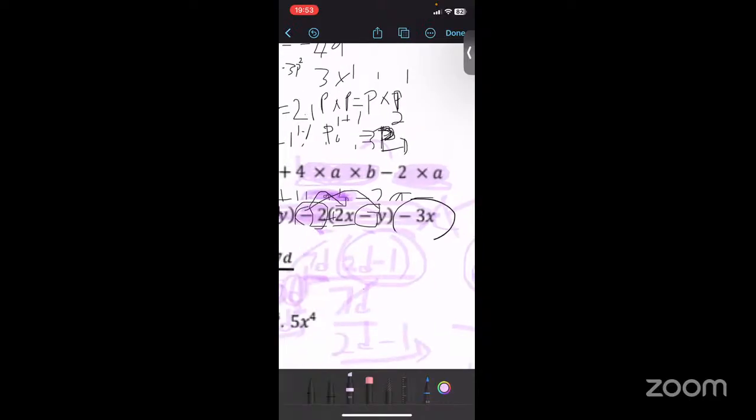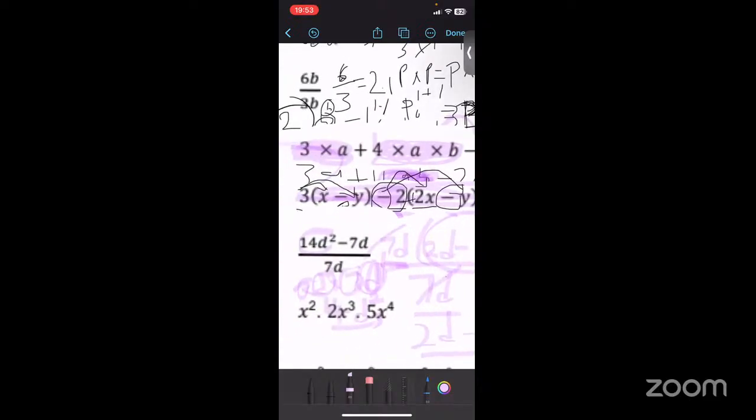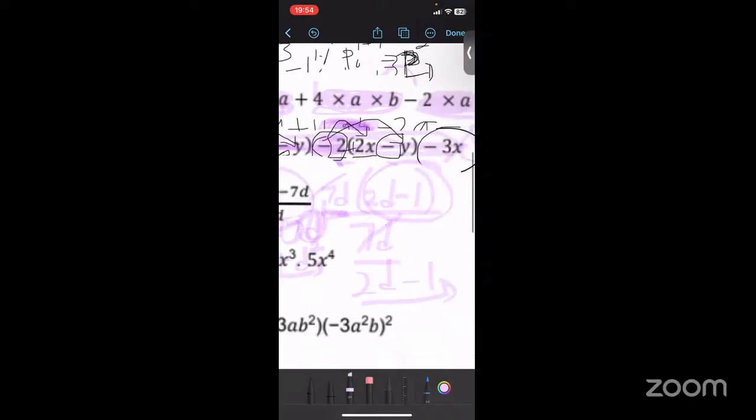And remember guys, I told you if you want to prove your answer is correct, you can always pick any number of your choice between 2 and 5 and make it your D. Whatever you pick as your D, it has to be the same as the one here.